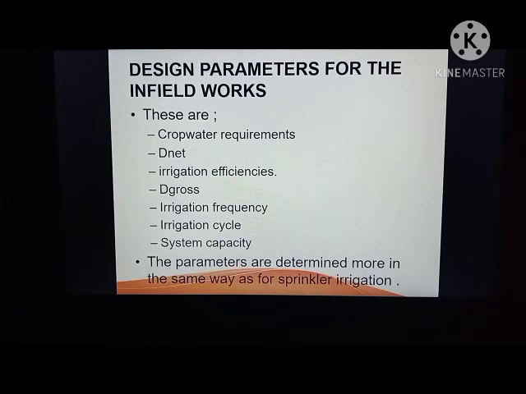Design parameters for the infield work: these are the crop water requirement, DNAT, irrigation efficiencies, DGROS, irrigation frequency, irrigation cycle, and system capacity. The parameters are determined more or less in the same way as for sprinkler irrigation.